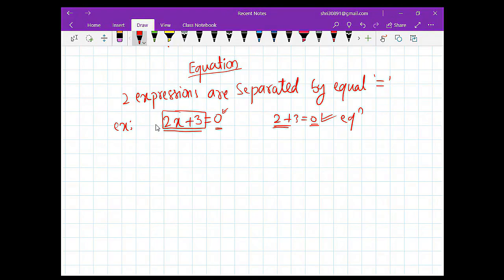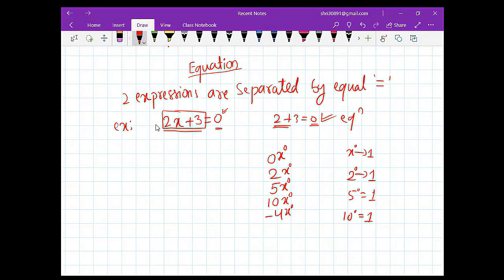If we have any constant, 0 is also a constant, 2, 5, 10, and minus 4 are also constants. All the constants indirectly have the variable x raised to the power 0. When the power of x is 0, its value is always 1. For example, 2 raised to 0 is 1, 5 raised to 0 is 1, 10 raised to 0 is 1.